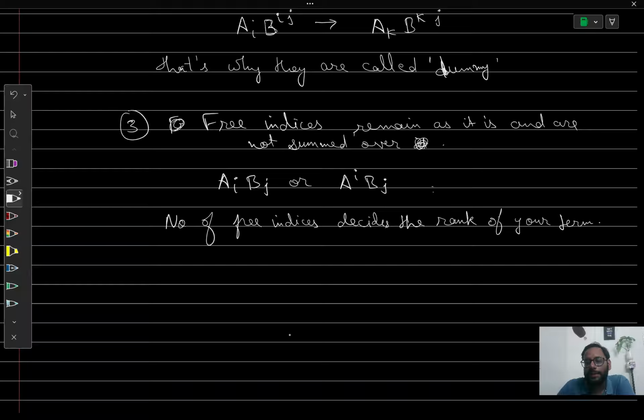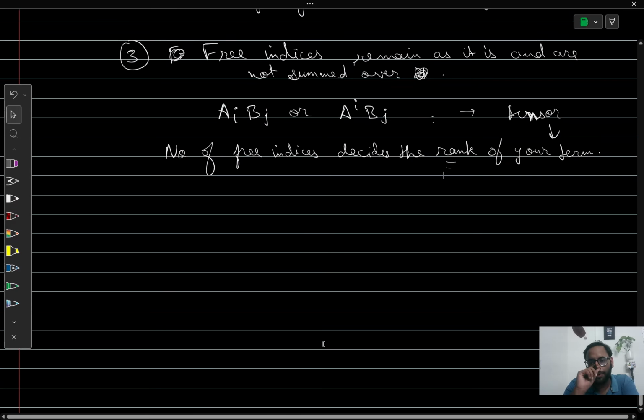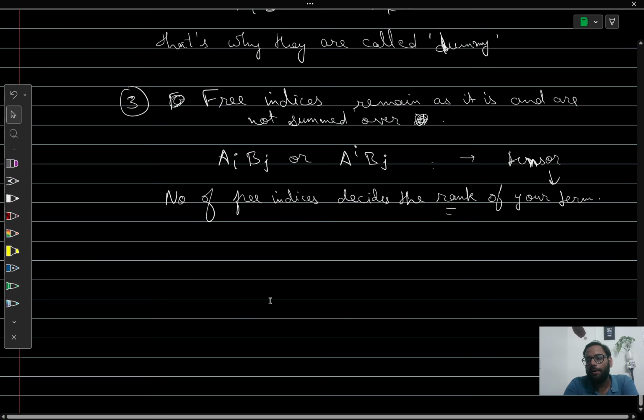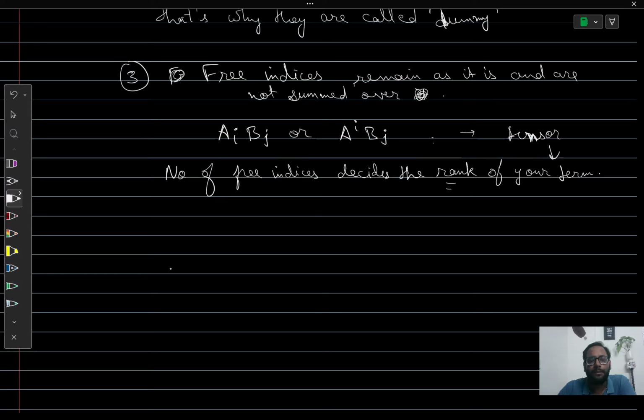It is actually a tensor. We will introduce tensors explicitly later in this course. You can decide how many free indices you have in a tensor, so you can decide the rank of your tensor term. If there are two free indices, you can just say that it is a second rank tensor.